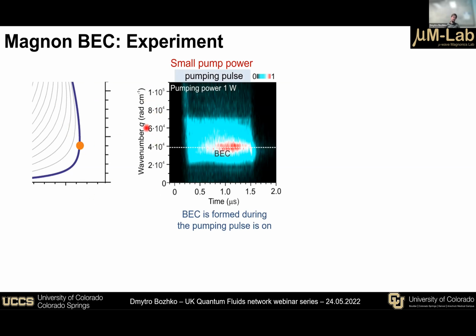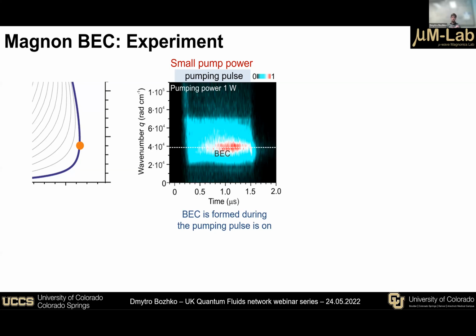So here is the wave number versus time. If we apply a pumping that is not so large, we see that after we apply the pumping pulse, magnons start to go to the bottom of the spin-wave spectrum and essentially start to form a Bose-Einstein condensate peak at the bottom.